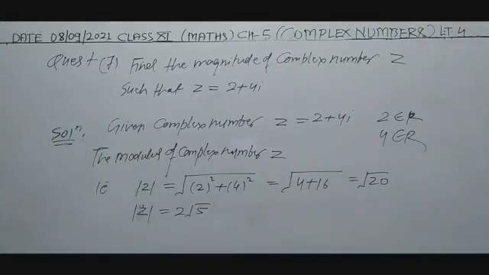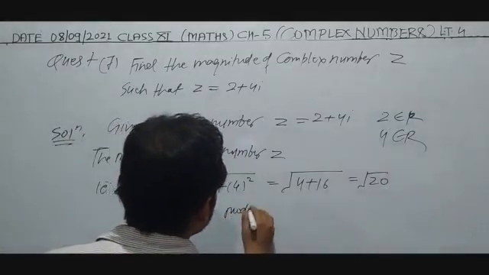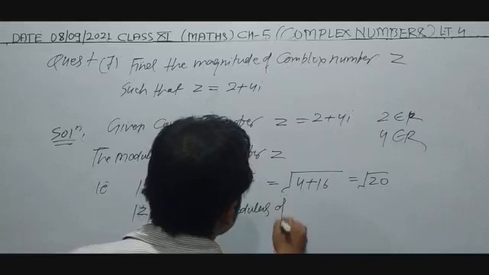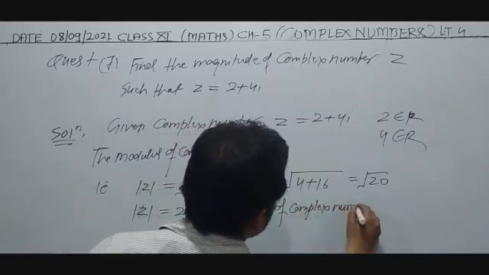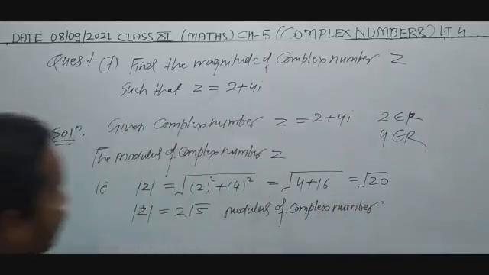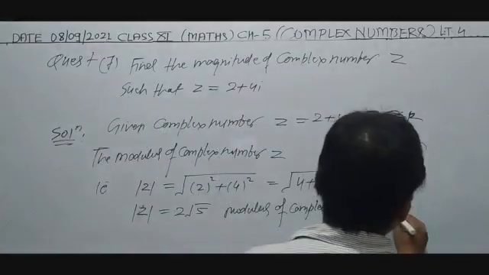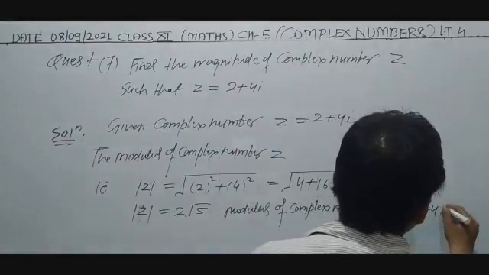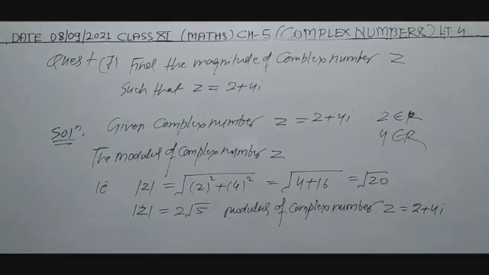Then 2 root 5 is the modulus of the complex number. And which is the complex number? This is 2 plus 4i. Now, this is the answer.